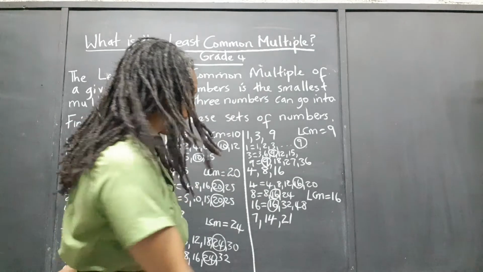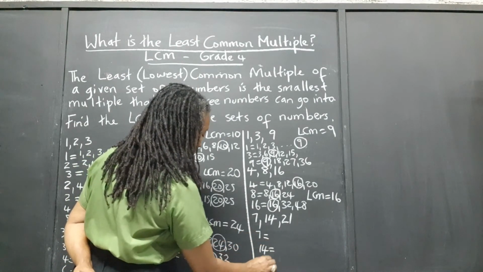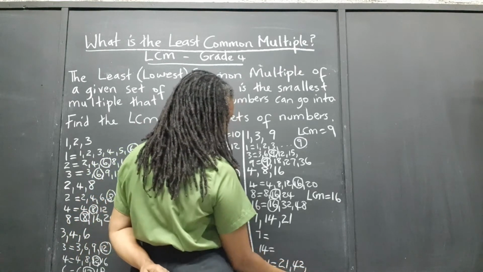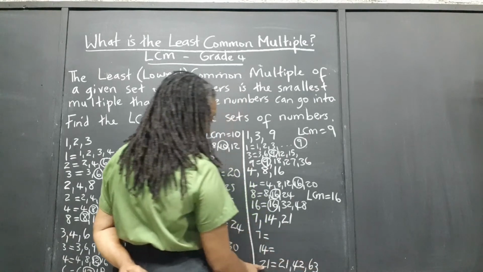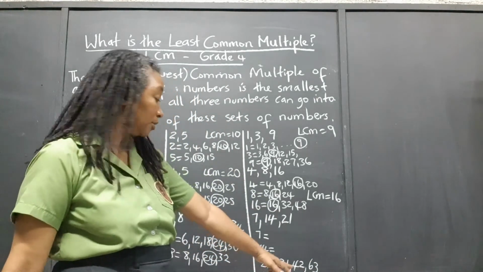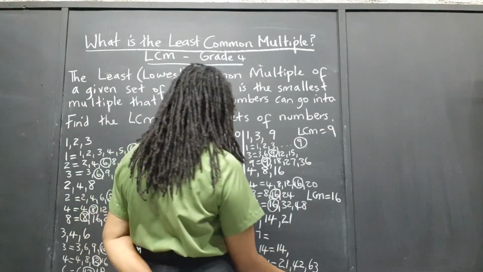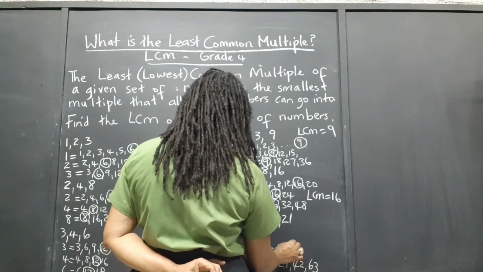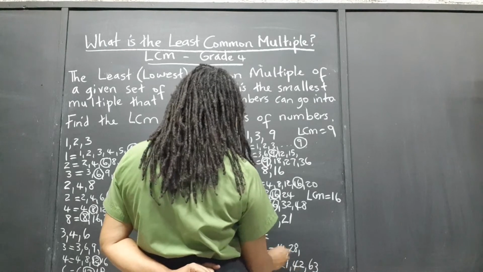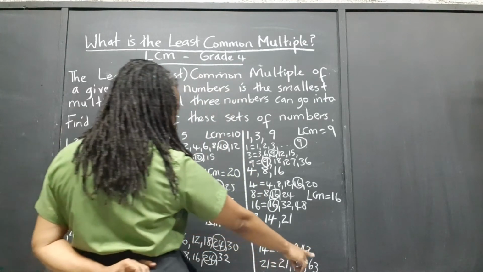And finally, 7, 14, and 21. So that's 21, 42, 63. Multiply it by 1, multiply it by 2, multiply it by 3 to get the multiples. So that's 14, 28, 42. 3 times 4 is 12, 3 times 1 is 3.